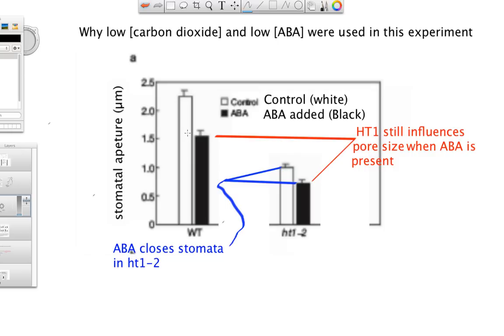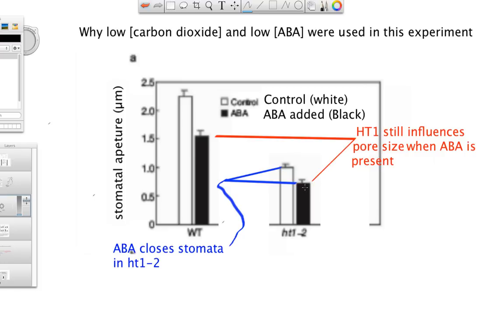But by doing it at low carbon dioxide environment, you can see that HT1 is active with or without abscisic acid being present. So HT1 isn't required for abscisic acid regulation.